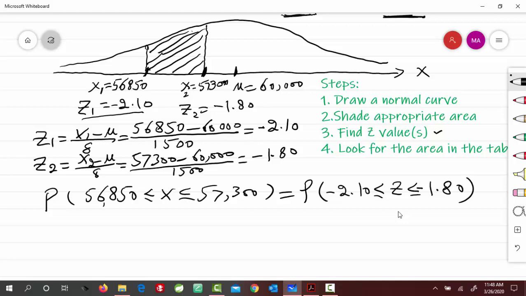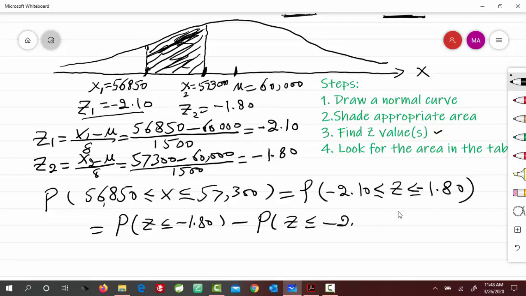And by probability distribution, this area here, the area between them, would be equal to the area on the left of z less than or equal to negative 1.80, minus the area on the left of negative 2.10.